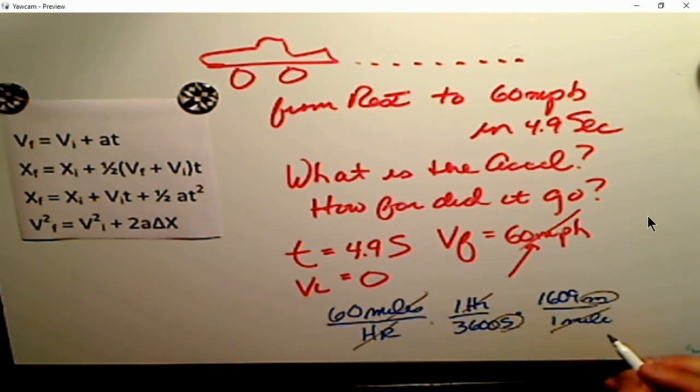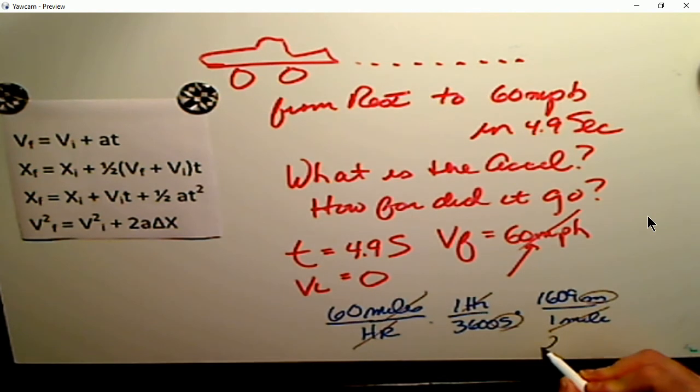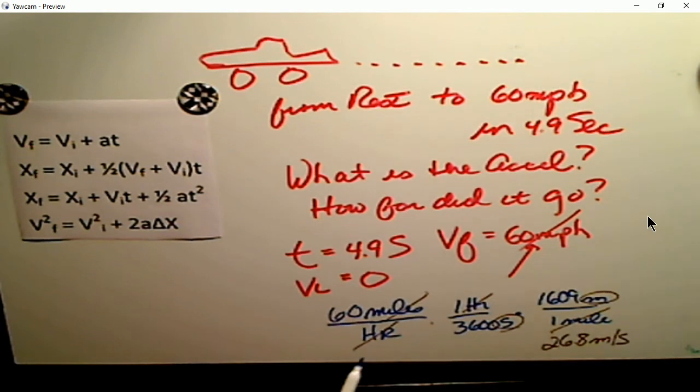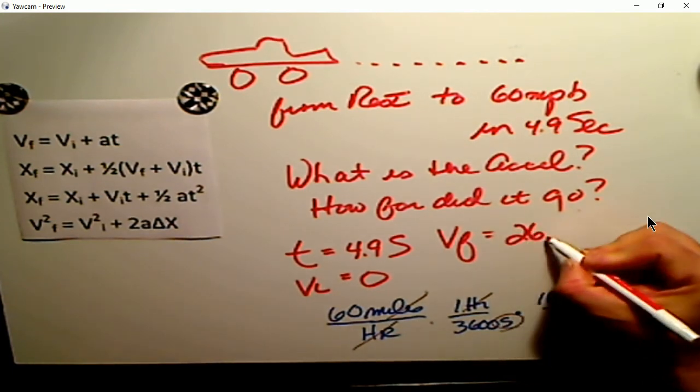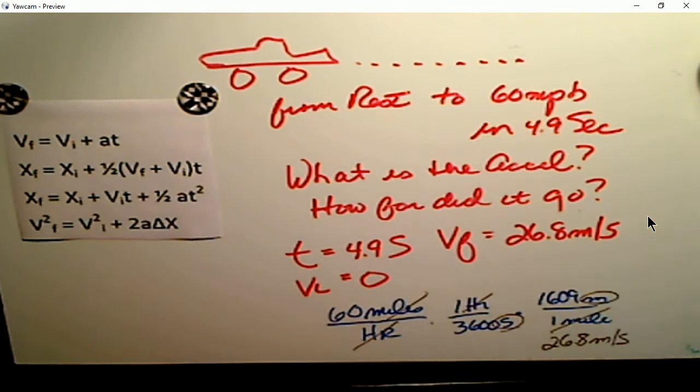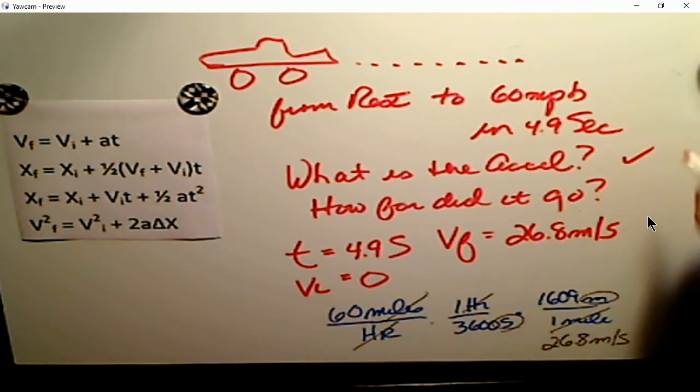If we do this math, we will get 26.8 meters per second. You can verify that on your own. Let's put that right here in one of those things that we know: 26.8 meters per second.